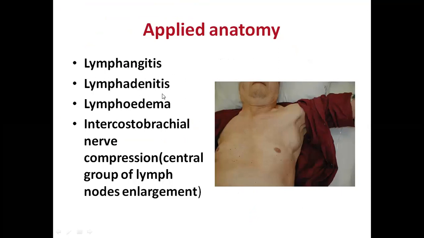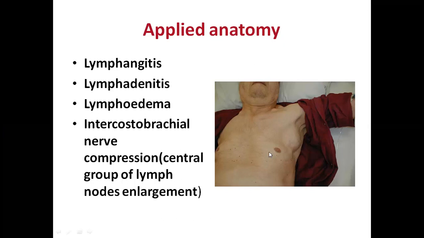Adenitis: when lymph nodes are inflamed, you call it lymphadenitis. Lymphedema, the best example is Wuchereria bancrofti. You should have studied in your intermediate +2 the filaria infection, right? Filariasis, where you will see the limbs become so big, isn't it? So that is lymphedema. Okay.